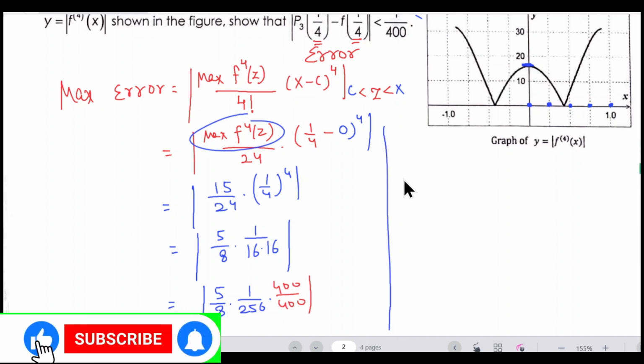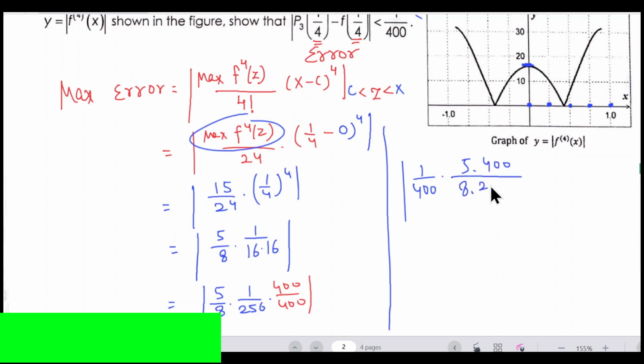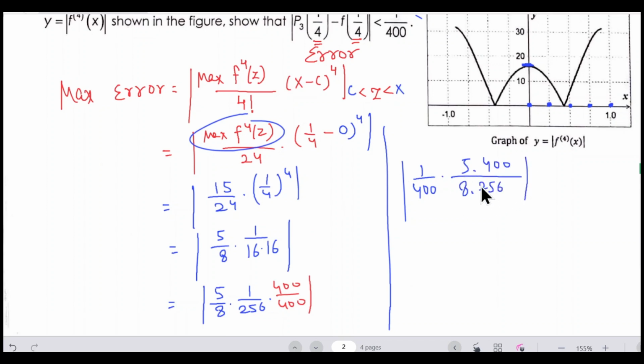So this 1 over 400 is taken out because that's what, after all, we want to compare with. And the remaining terms, as in 5 times 400 over 8 times 256, remains as it is. 8 times 5 is 40 and 0. So this becomes 1 over 400 times 250 over 256.